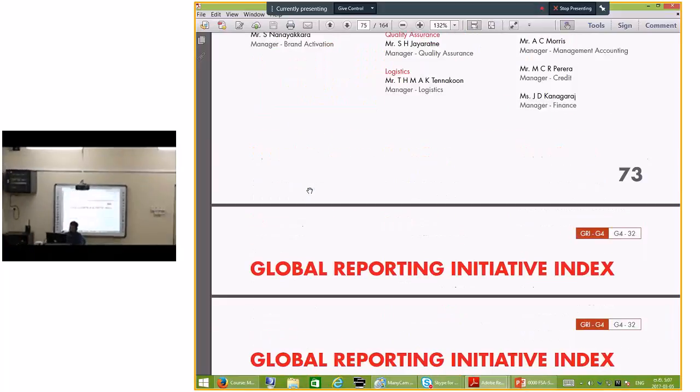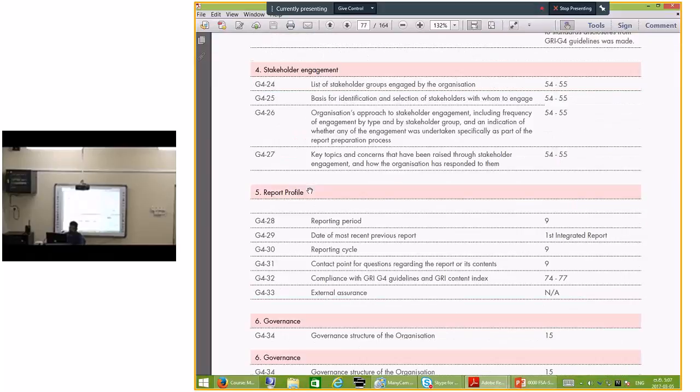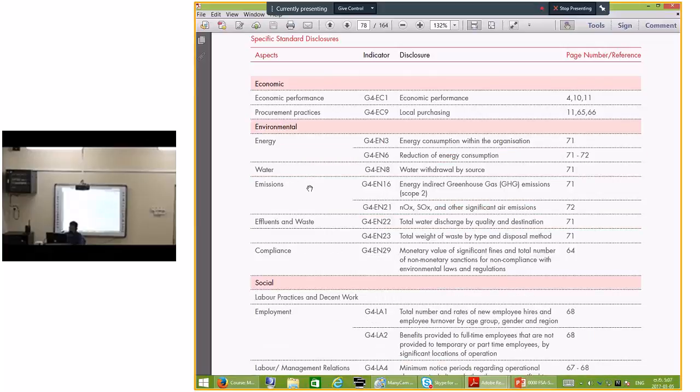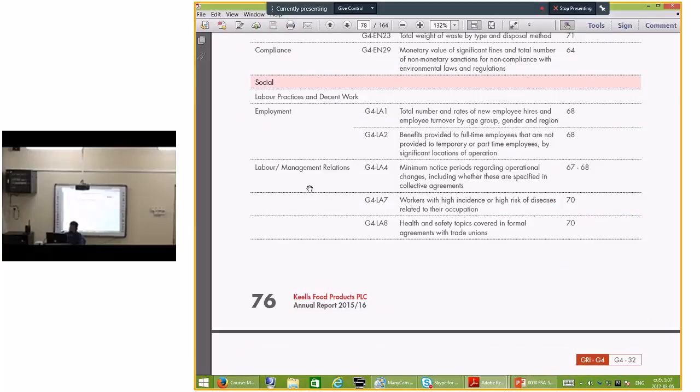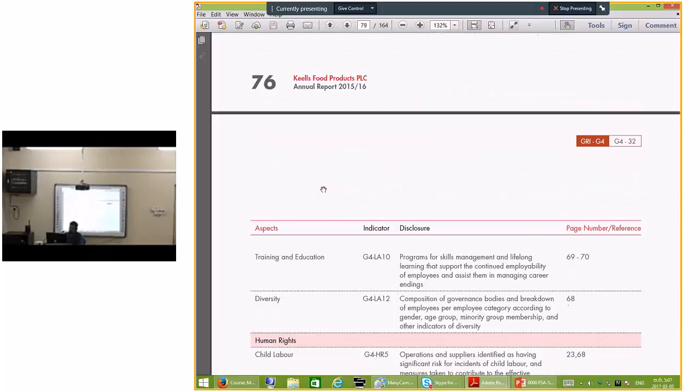Their services. Global reporting, yes, here global reporting initiative index and other details.